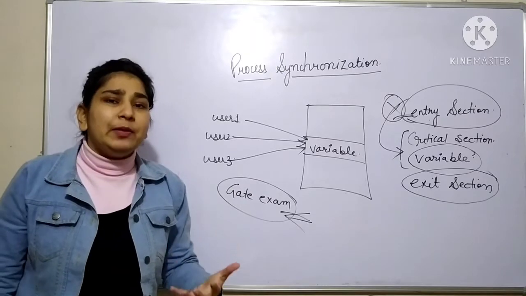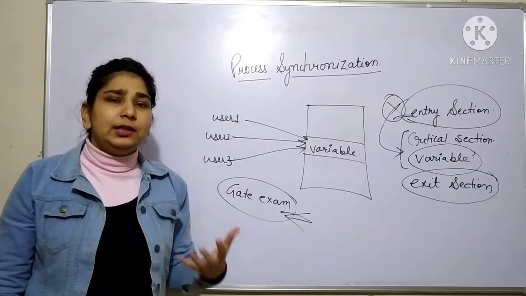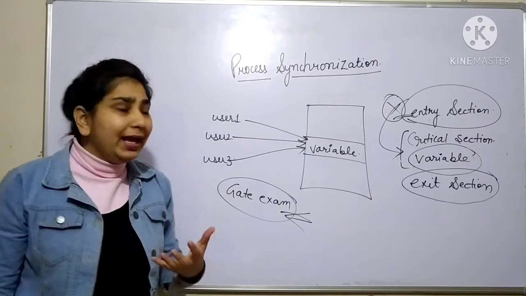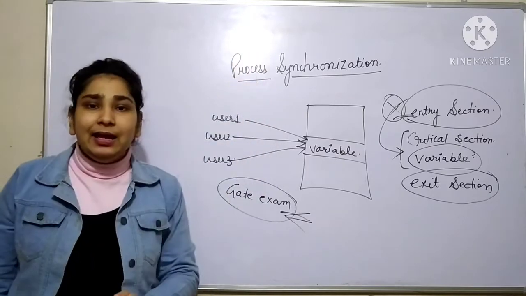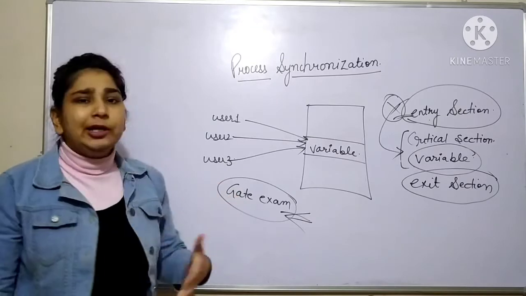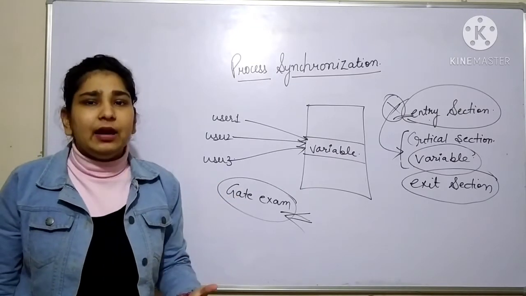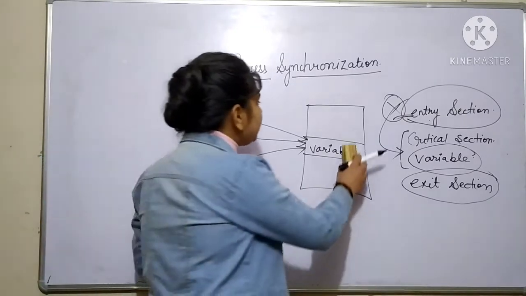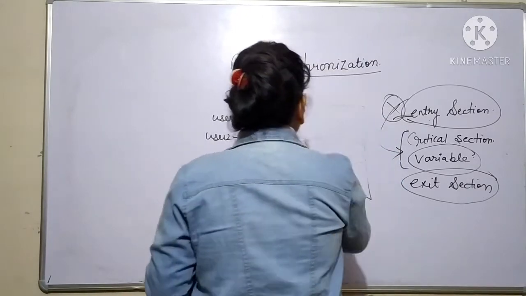What is your requirement? What do you want your algorithm to do? If you have to design any algorithm for process synchronization, you should meet some criteria. Let me show you what criteria we should follow.